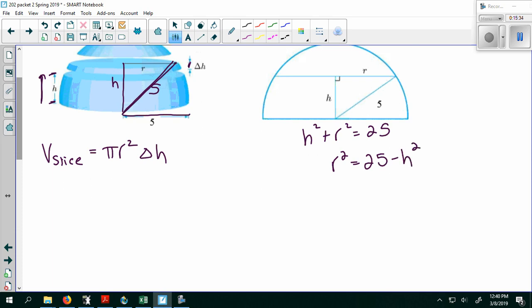So I'm going to go back over to my formula for the volume of a slice, pi. Instead of r squared, I'm going to put 25 minus h squared, delta h. And these are really h sub i's.